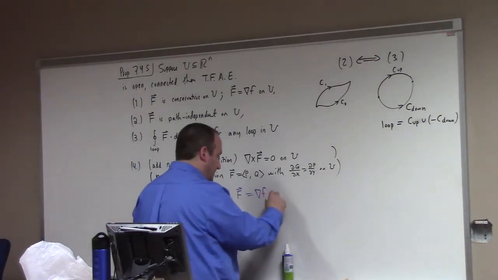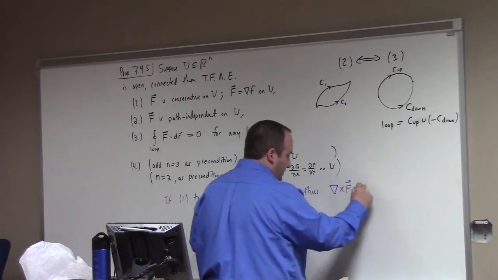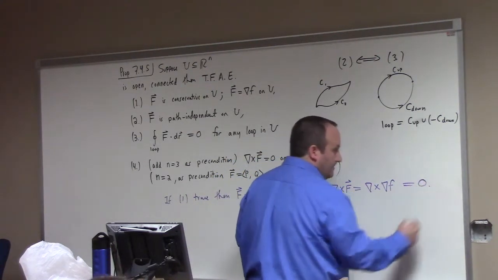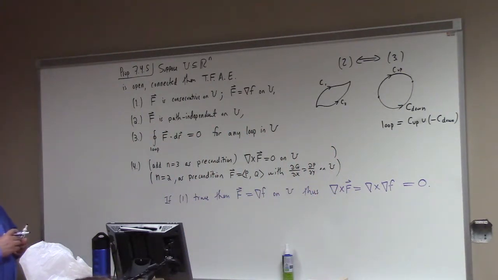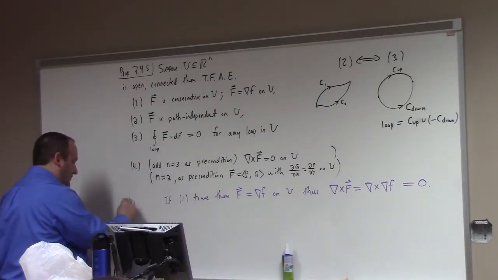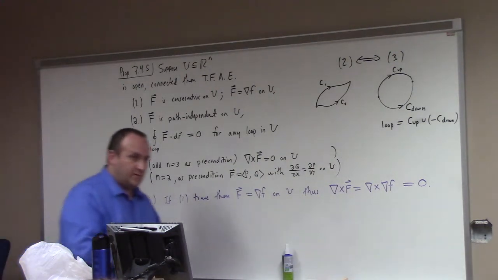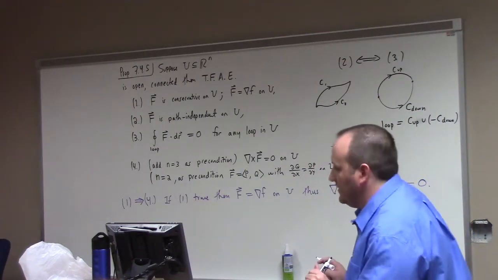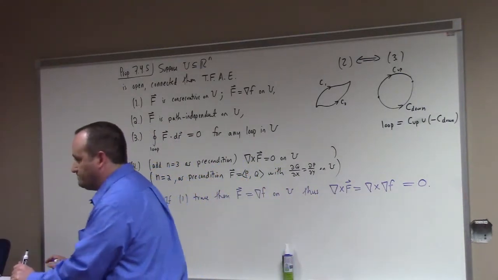On U. Thus, the curl of F is the curl of the gradient of little f, which is equal to 0, because that's an identity that we know. So this shows you that 1 implies 4, right? But why should 4 imply 1, right? Why should these be equivalent? It's not at all obvious at the moment why we should be able to reverse that arrow. Okay?